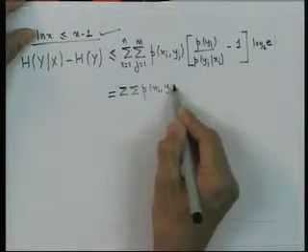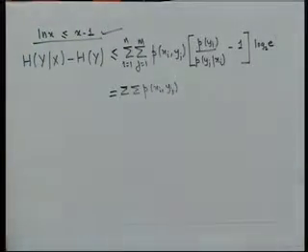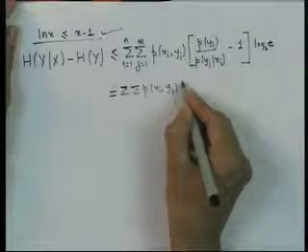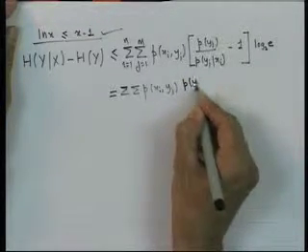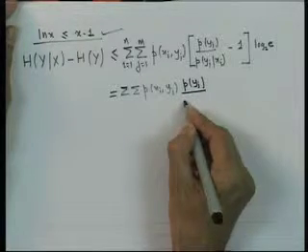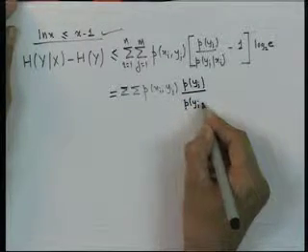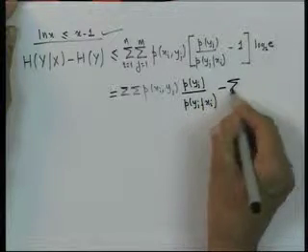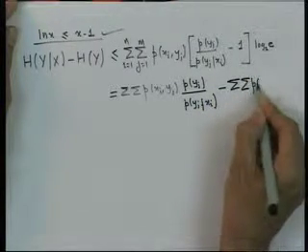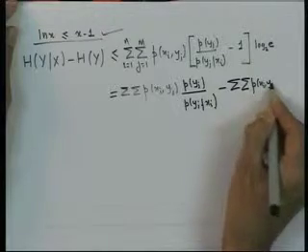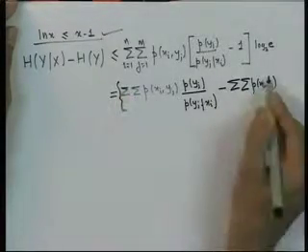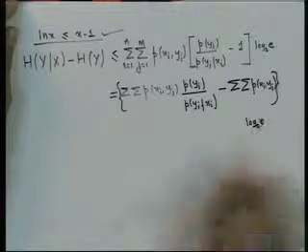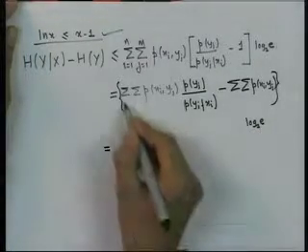Now, this can be simplified as minus double summation of this whole thing, multiplied by log to the base e.